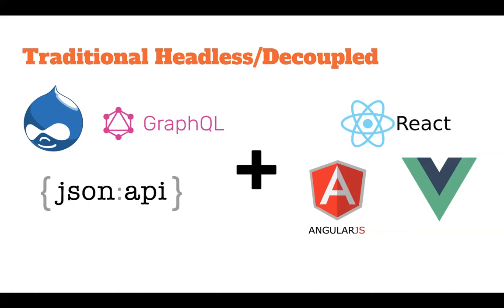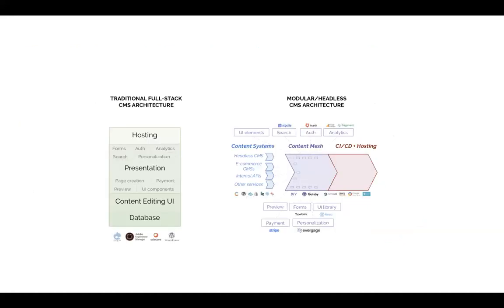Next, I'm going to show you the diagram of the full stack CMS architecture and the modular headless CMS architecture. Here on the left side, you'll see the full CMS architecture.